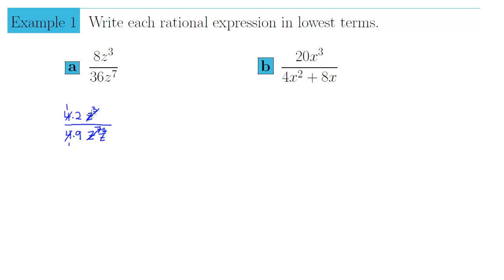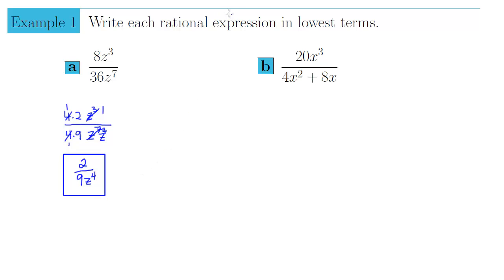We have a 1 times a 2, and the z cubed was gone, so we have 1 times 2 times 1, or 2 in the numerator. And in the denominator we have 1 times 9 times z to the 4th, or just 9z to the 4th in the bottom. Looking at this, we notice there's nothing else that will cancel, and so our rational expression is now in lowest terms, 2 divided by 9z to the 4th.